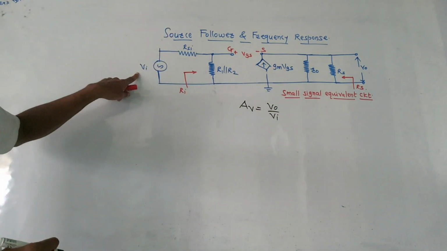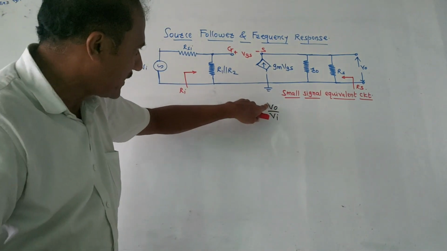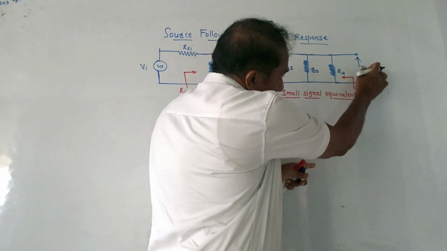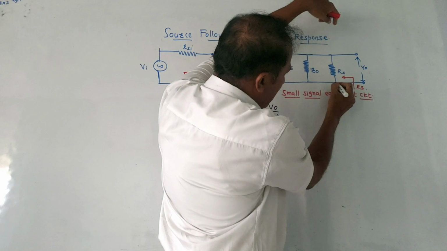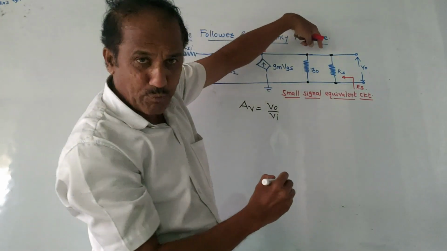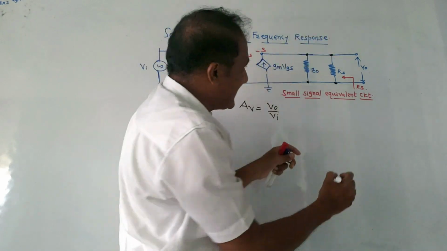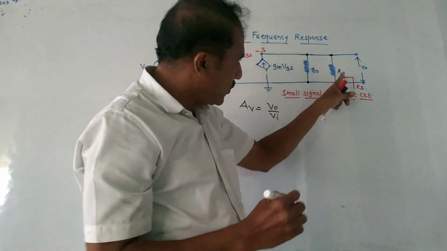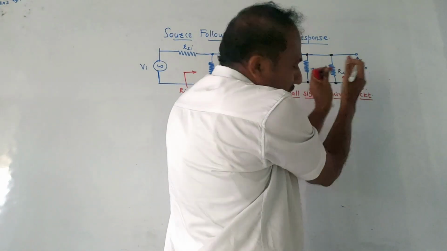At the input side we have voltage Vi, at the output side we have voltage V0. Look at the diagram. This voltage V0 is the voltage measured between this point, and it is the same as the voltage between these points. So we can say that these two resistors, small r0 and RS, are parallel to each other.